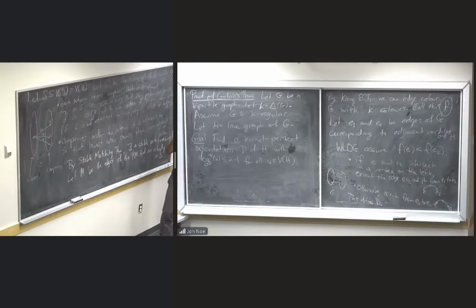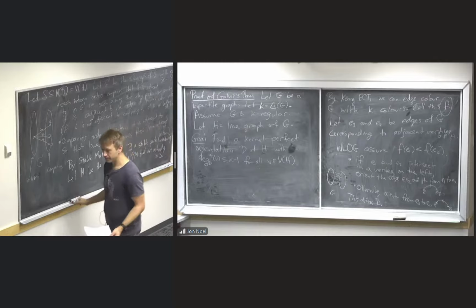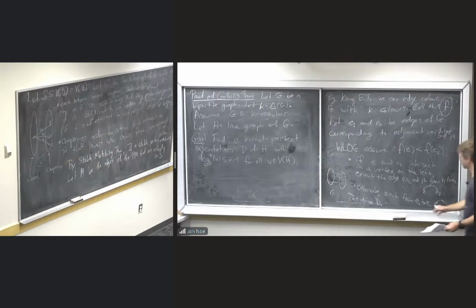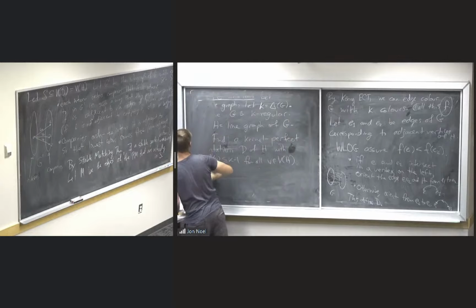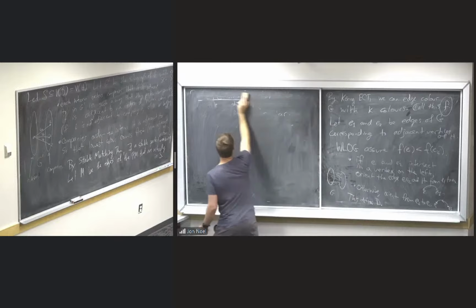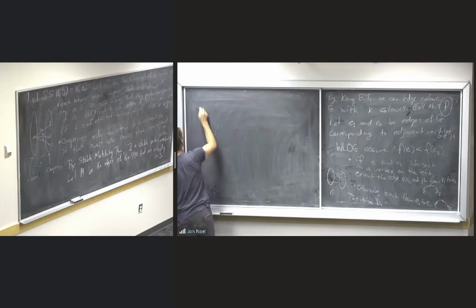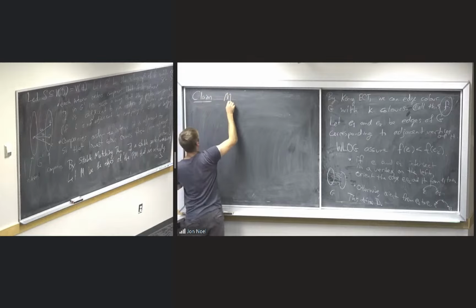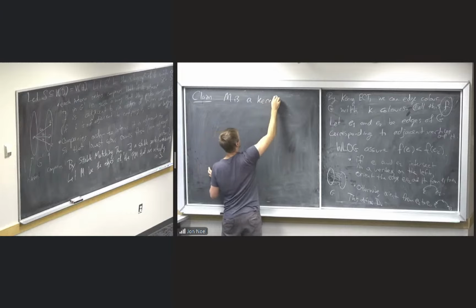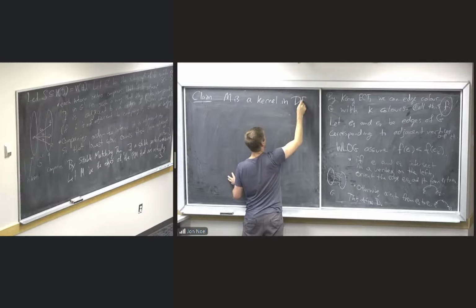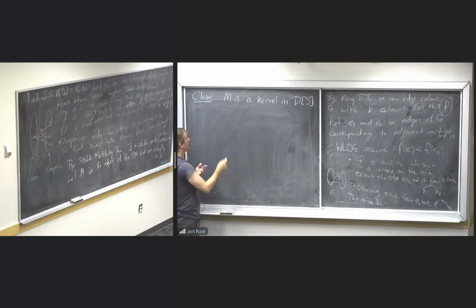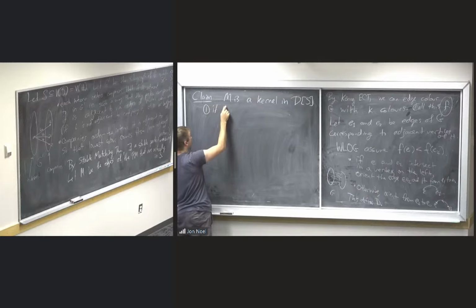Because remember, H is the line graph of G. A set of edges makes a stable set in H if and only if they make a matching in G. Matchings in G are stable sets of H. So my claim is that M is a kernel in the subdigraph of D induced by S. So first of all, it is a stable set because it's a matching in G.